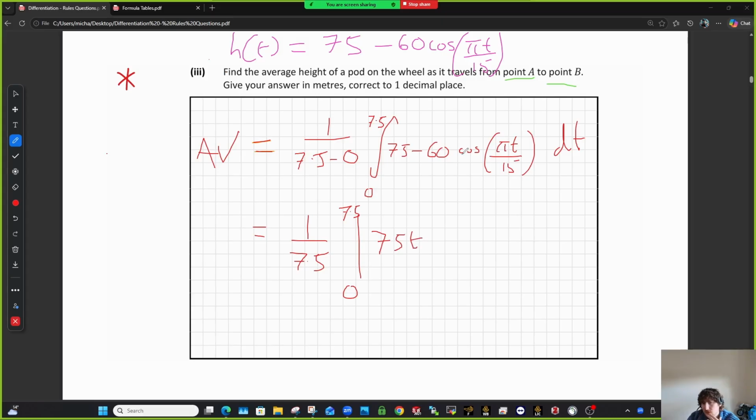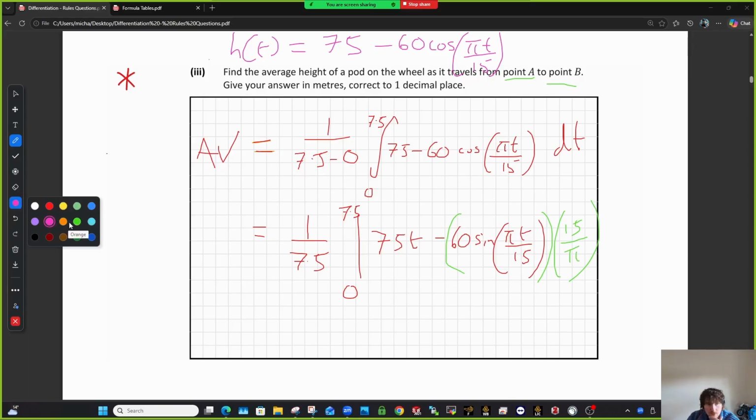The integral of cos becomes plus sine, so that would be minus 60, and it doesn't change sign, over 15. Then we divide by the number multiplying the t, so we multiply by 15 over pi. A tricky little integration there for anyone struggling with that.